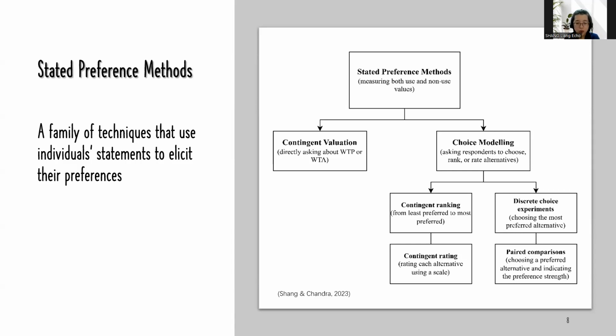On the other hand, we have another type of stated preference methods that is called choice modeling.